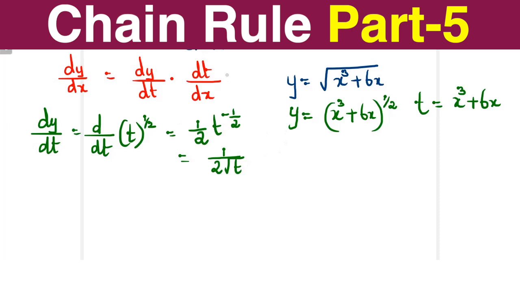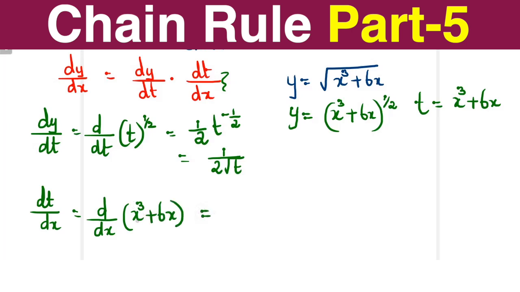Now let us move on to the calculation of dt by dx. This is nothing but d by dx of the t, in this case x cube plus 6x. So now let's differentiate the x cube. x cube differentiation fetches 3x square. Differentiation of 6x fetches a 6.